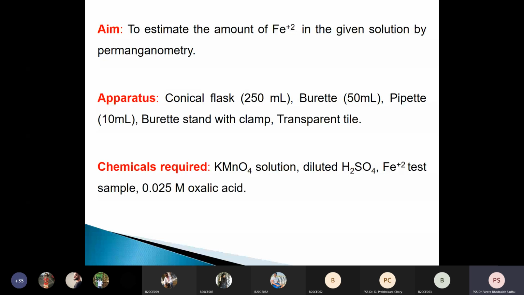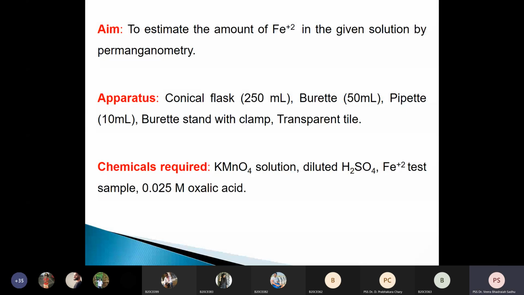So what apparatus do you require to estimate ferrous ions? You require the normal apparatus for a titration technique: conical flask, burette, pipette, and the burette stand.